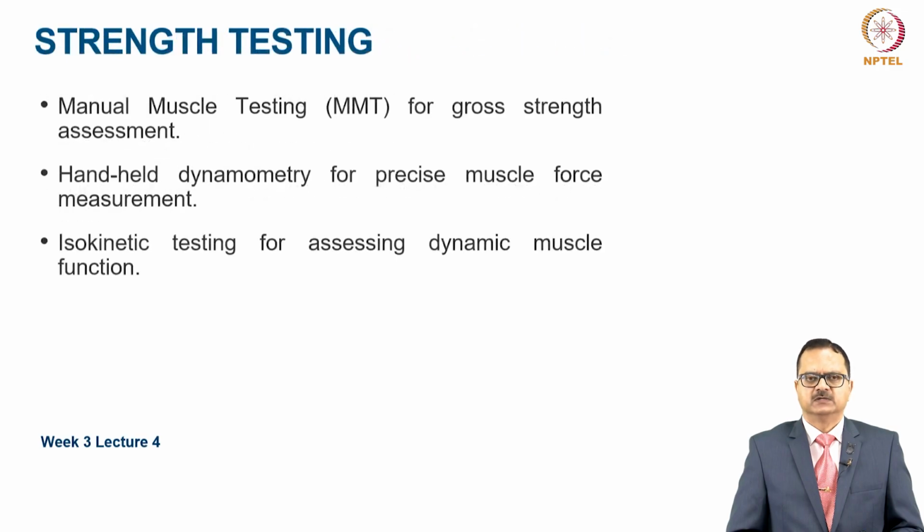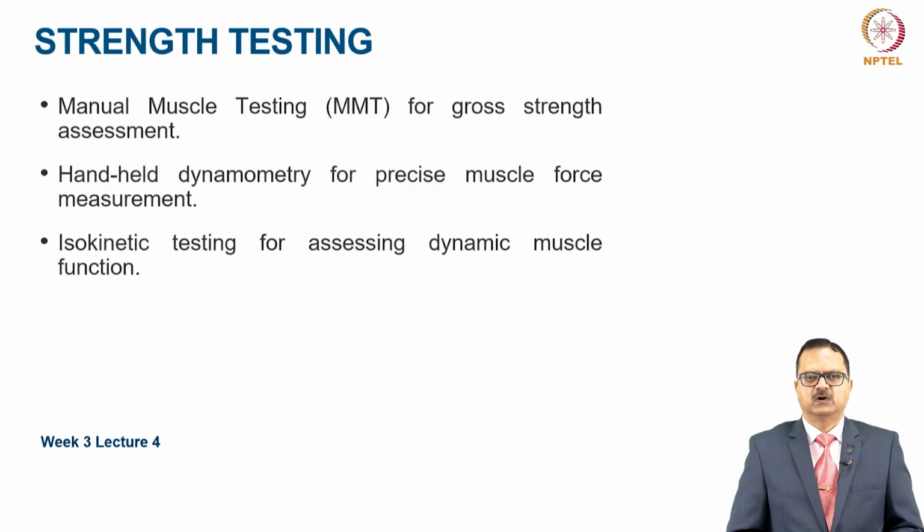Strength testing. Generally, what is done first is called manual muscle testing for gross strength assessment. Each muscle group is tested and graded from 0 to 5. If you feel that manual muscle testing is not accurate, you may go in for handheld dynamometry for measuring precise muscle force.